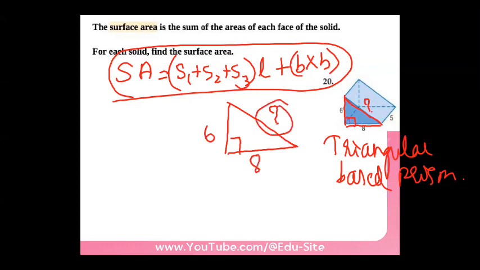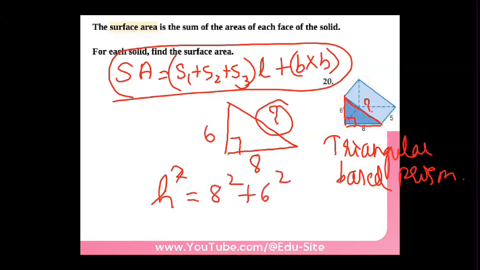Please find the side and tell me the answer, beta. H square is equal to h square plus 6 square. Correct? Please solve it and tell me what is the hypotenuse.